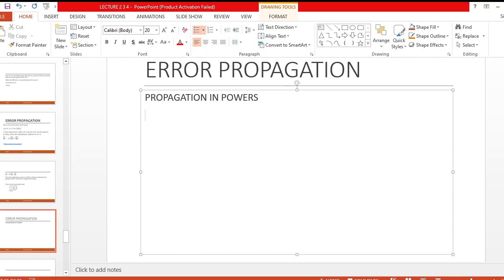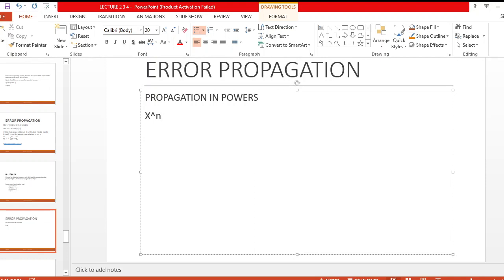So let's look at this example in which we have a value x which is raised to the power n. Now if x is raised to the power n, what it means is we are multiplying x n times.